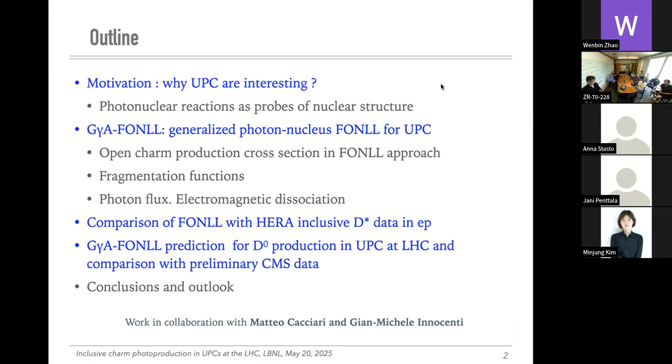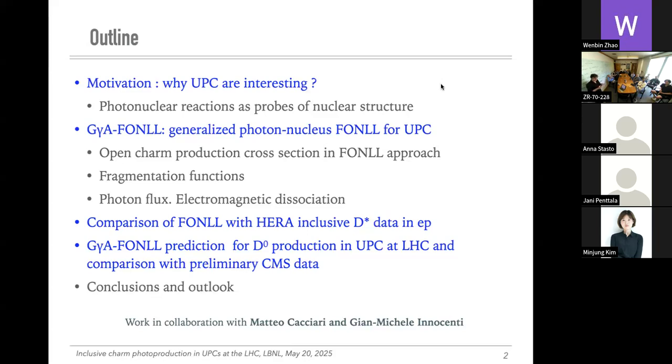I will go over how one calculates the open charm production cross-section, and what the ingredients are, the fragmentation functions. Then I will spend some time on the electromagnetic dissociation and the photon flux for the nuclear case.